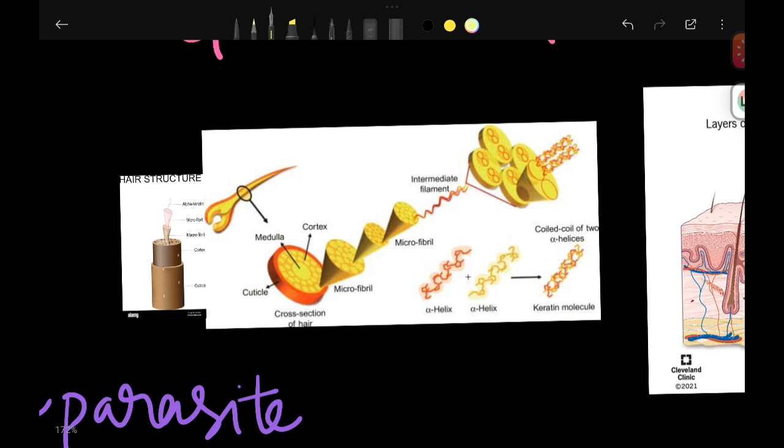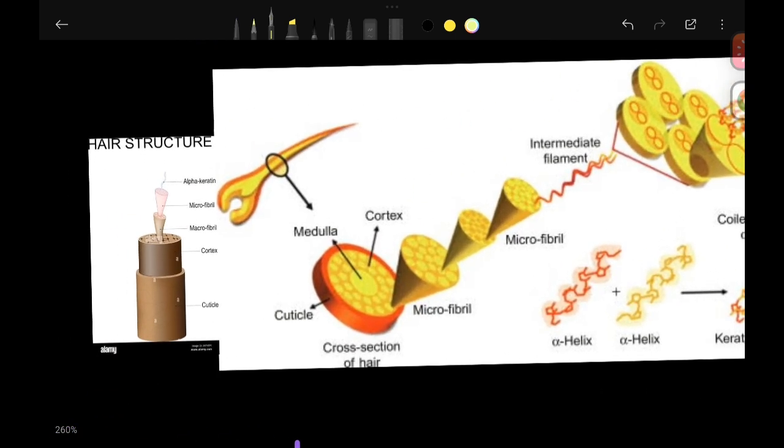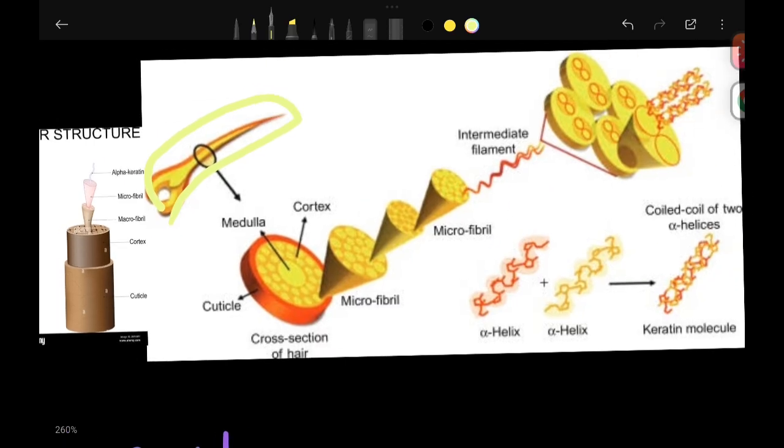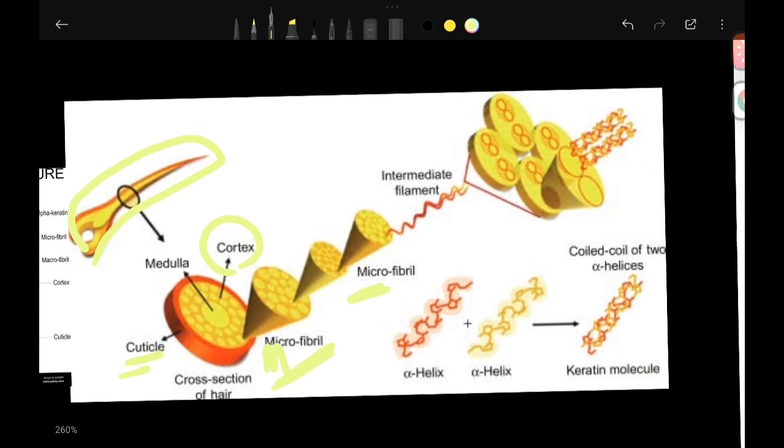Now let us look at the hair. When we cut the shaft of the hair into a cross-sectional view, we see the central medulla, the outer cuticle, and in between them a cortex which is densely composed of fibers. These fibers are arranged as macrofibrils composed of microfibrils, and these microfibrils are made up of intermediate filaments.